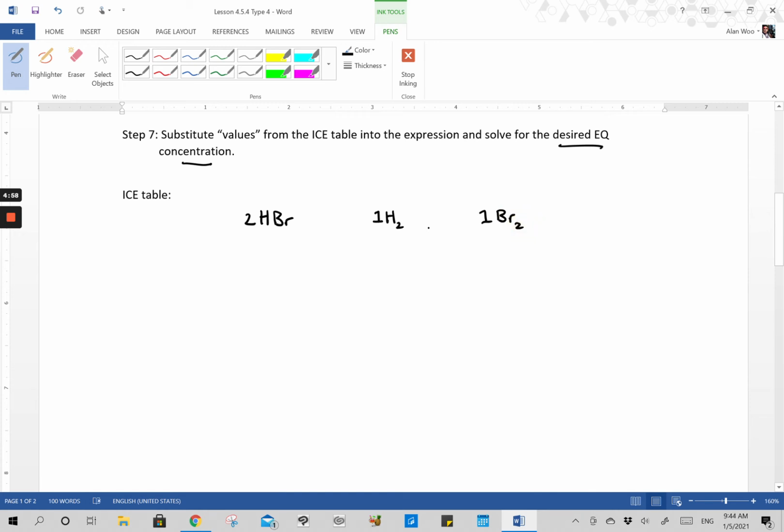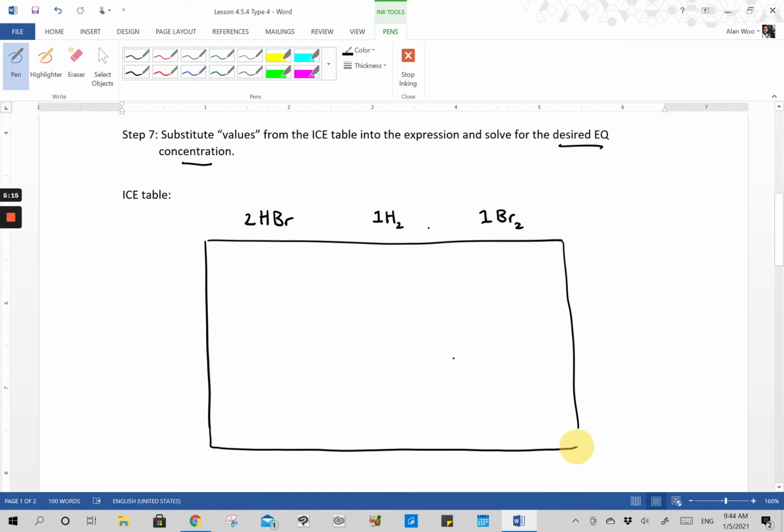There are going to be 3 columns in our ICE table because there are 3 substances in the reaction. And again, I'm going to make my table a little bit bigger than I usually would.